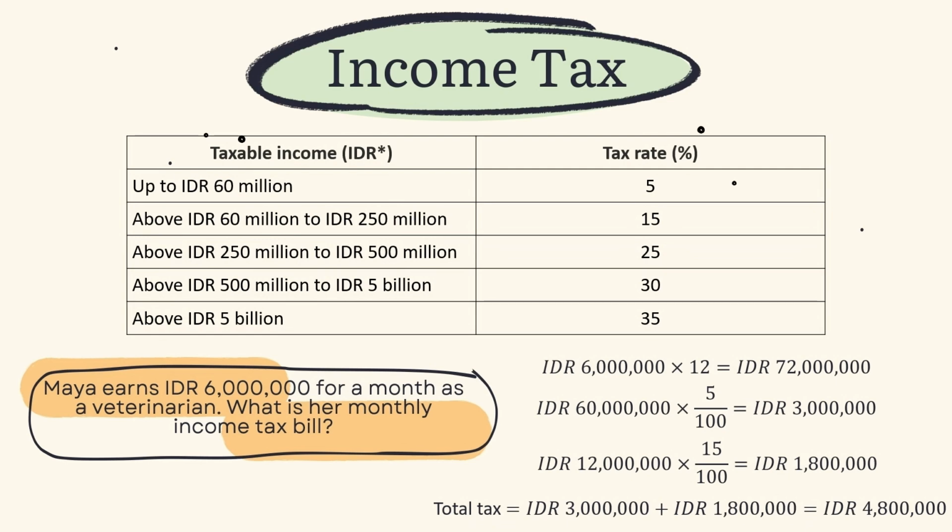So we need to divide this total tax by 12 because in a year there are 12 months. So we've got 400,000 Indonesian rupiahs. That means Maya has to pay 400,000 Indonesian rupiahs for her income tax bill for a month.